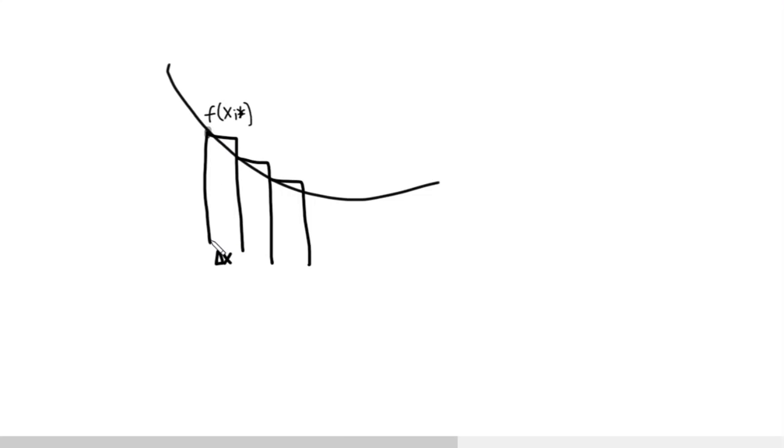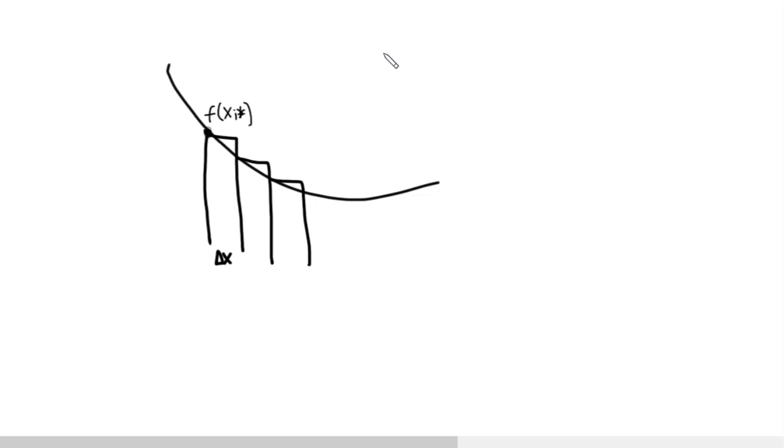We don't really know what it is, but it could be a left endpoint, where the top left corner intersects the curve, or the right endpoint, where the top right corner intersects the curve, or it could be the midpoint. It can be left, right, midpoint, or anywhere in between.